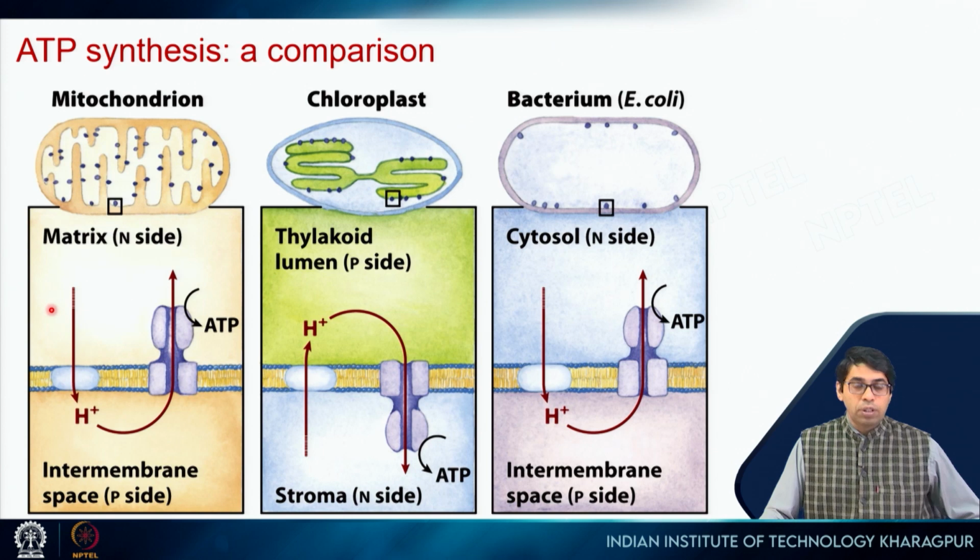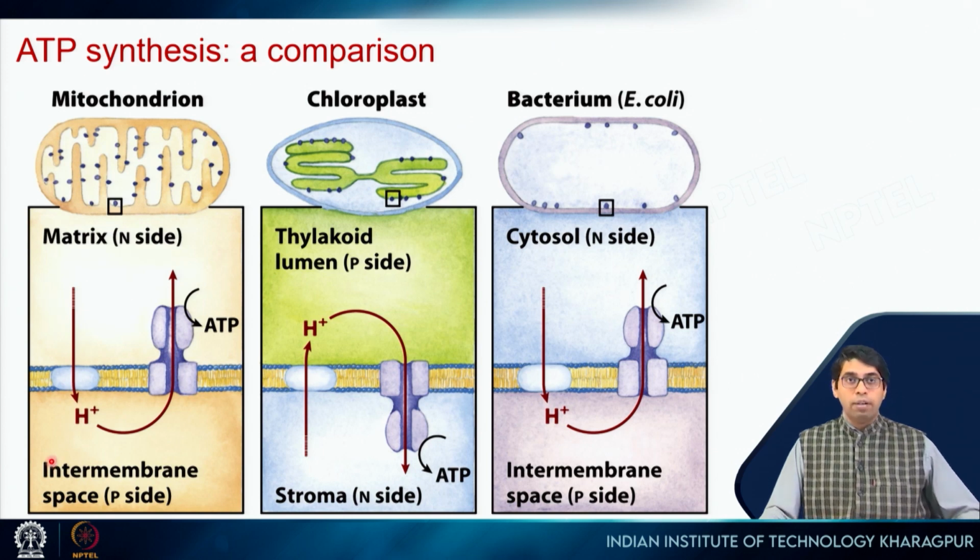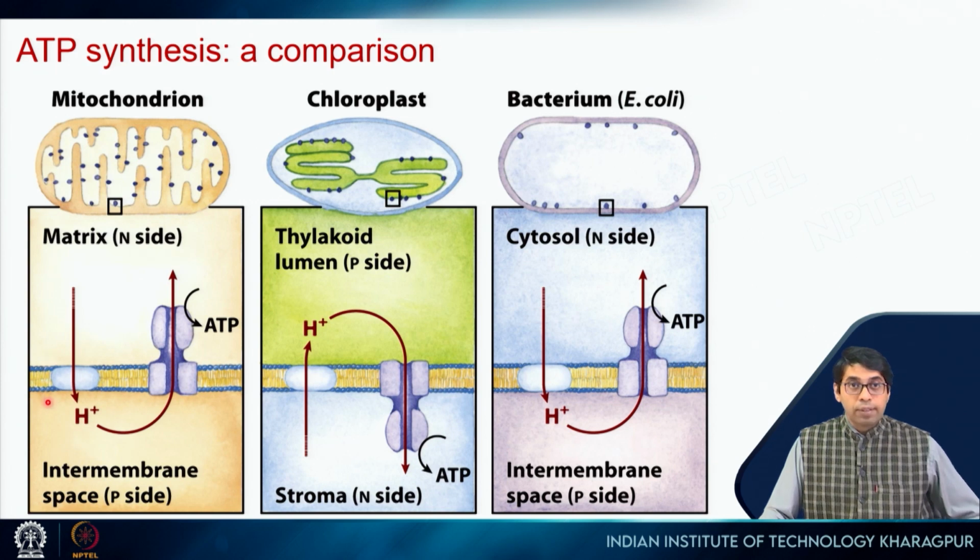Protons are pumped out by these various reactions that we have seen, the TCA cycle and then oxidative phosphorylation. A proton gradient is established across this membrane, and when the protons pass through, this is spontaneous because it is flowing along the gradient, that energy is used to synthesize ATP.